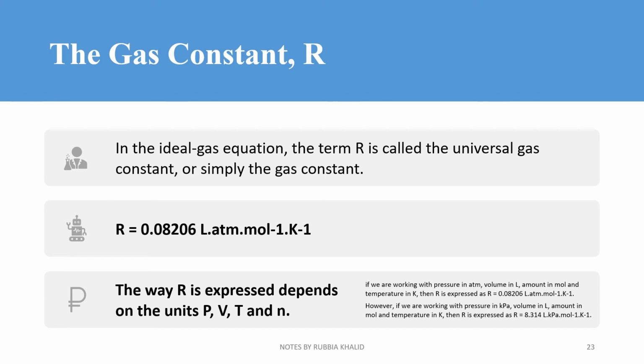If, for example, we are working with pressure in atm, volume in liter, amount in mole and temperature in Kelvin, then R is expressed as 0.08206 liters atm per mole Kelvin.